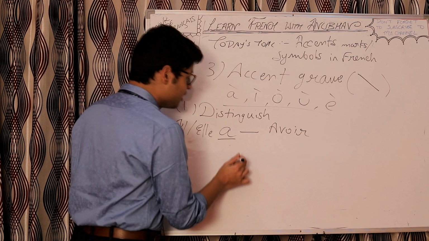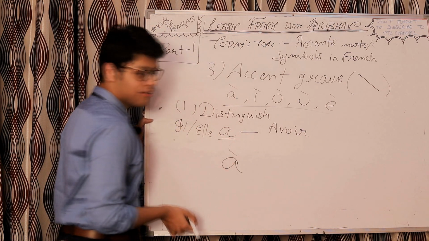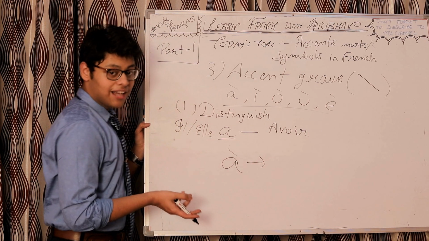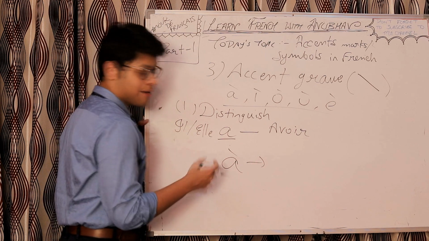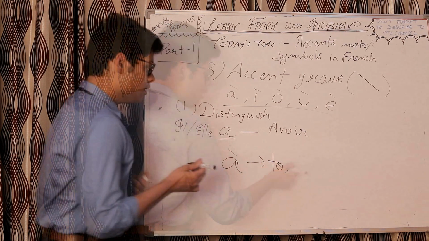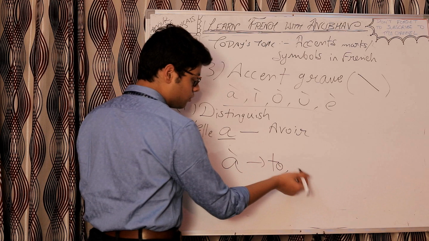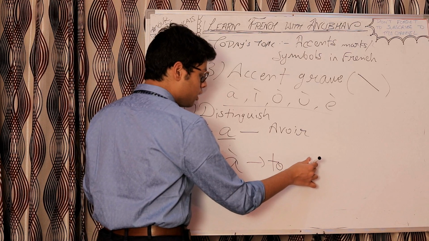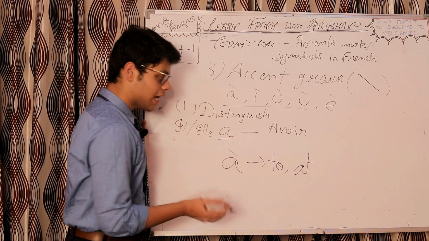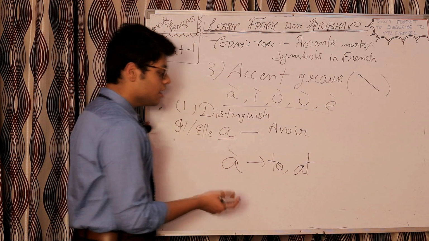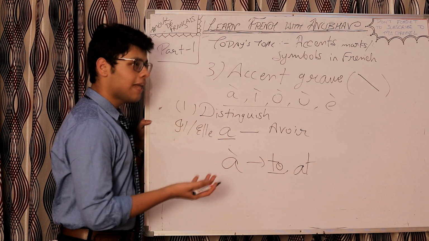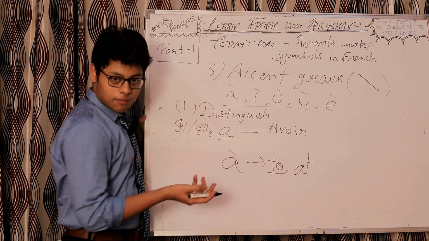Now if accent grave comes above it, this à will become a contracted article, or it could be a preposition, like it will mean to, or it can mean at when it's a preposition, like à Delhi, at Delhi, or to, like j'ai donné un cadeau à mon ami.